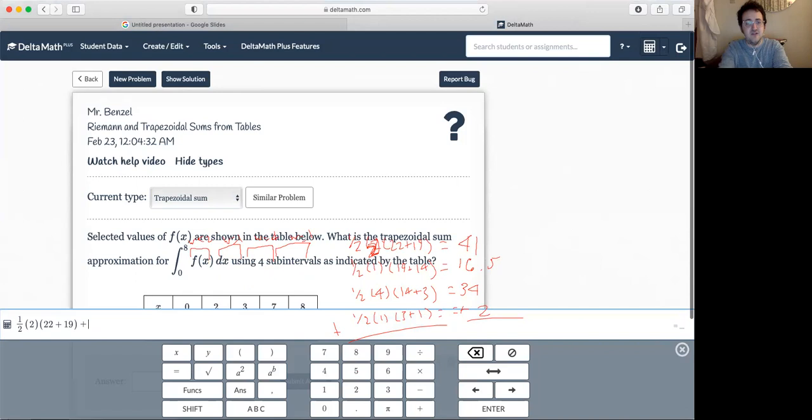And then I'm going to do 1/2 times 1 times 19 plus 14. And I'm going to have 1/2 times 4 times 14 plus 3. And then I'm going to have 1/2 times 1 times 3 plus 1. And that's going to get me to 93 and a half.